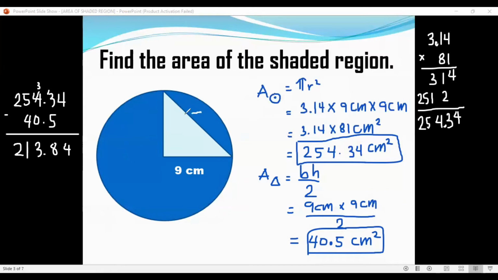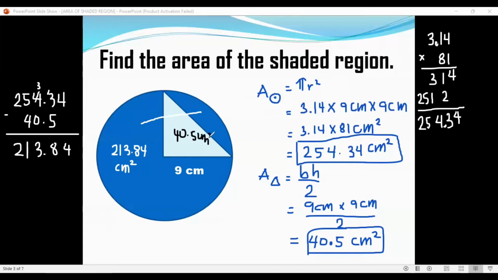So we have this blue area, and the answer that you have there is 213.84, and the unit is cm raised to the second power, or centimeter square. Again, the area of this part which is not included is 40.5 centimeter square.